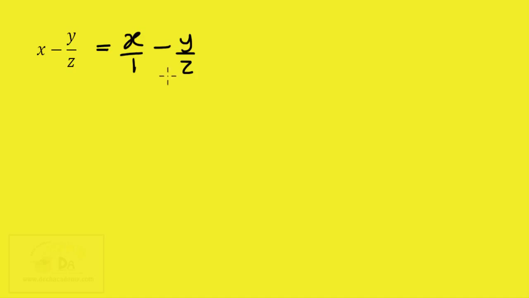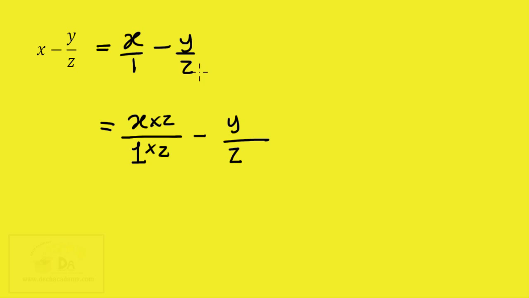So now we need to reduce this subtraction problem to one which involves two fractions with the same denominator, and we achieve this by taking the first fraction and multiplying it through by the denominator of the second fraction. Note down the operation. We take the second fraction and multiply it through by the denominator of the first fraction, which is 1.